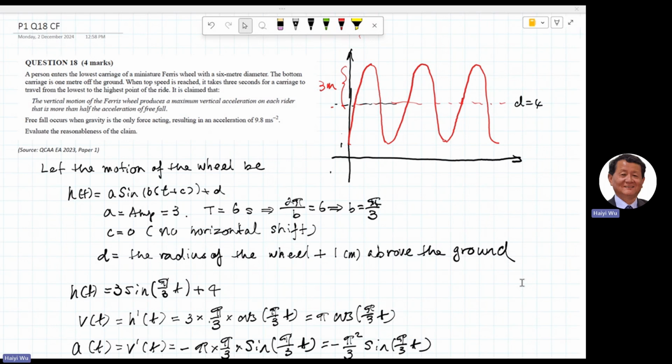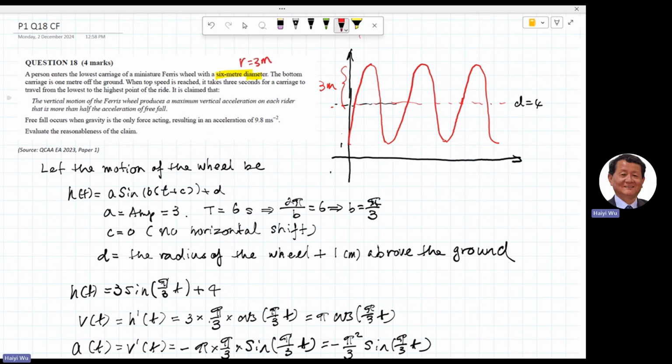Okay, this question is about a miniature Ferris wheel. The wheel is 6 meters in diameter, so that means the radius is 3 meters. So r is 3.